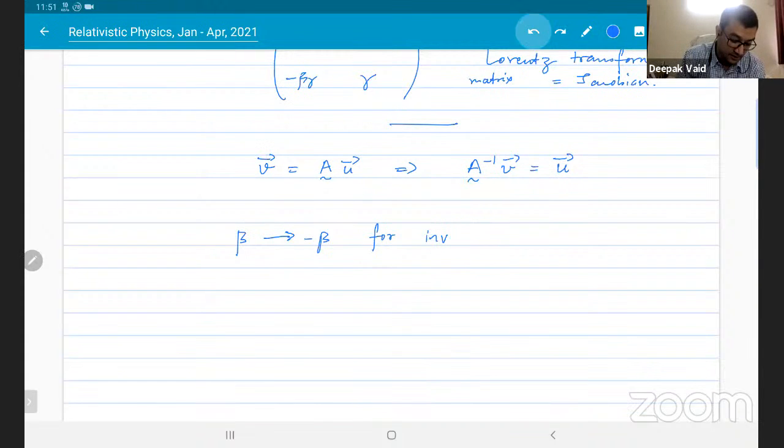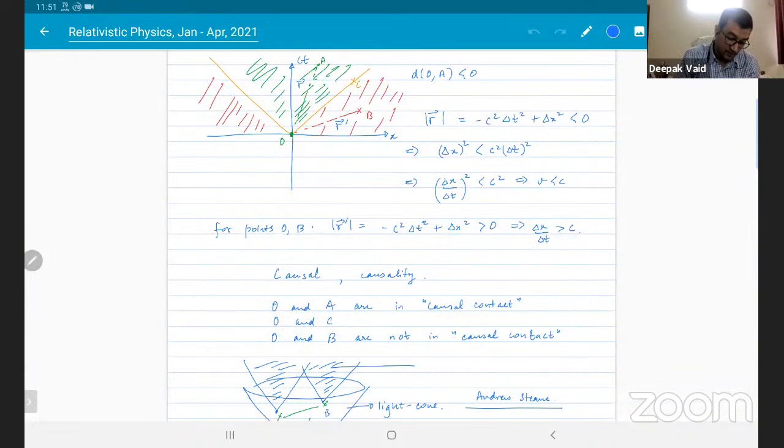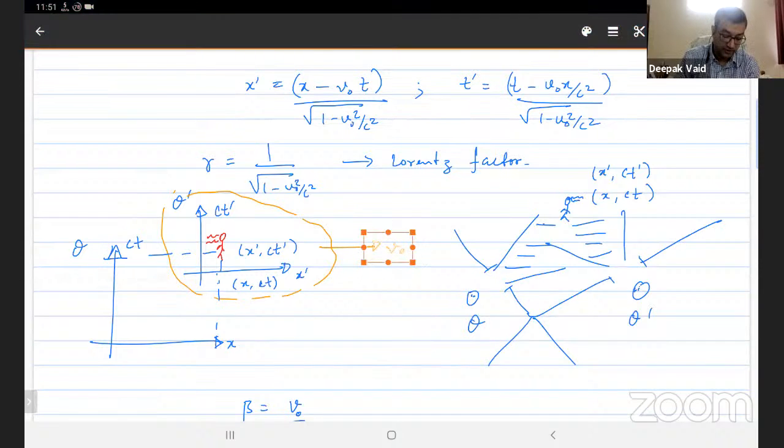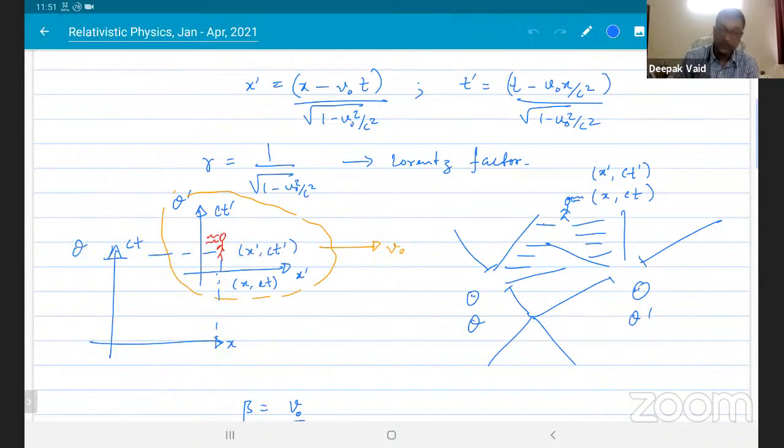Exactly. So we are just talking about the principle of relativity. That's it. So if this frame of reference is moving with a velocity v naught in this direction, then as seen by O prime, the other frame must be moving in the opposite direction.